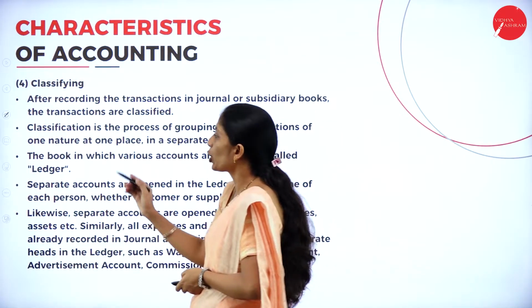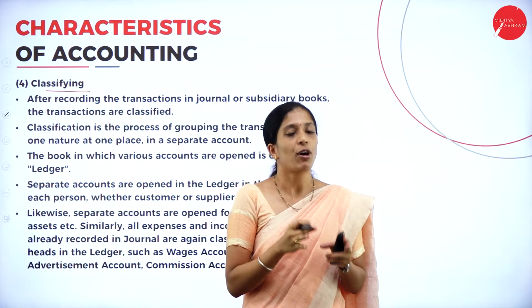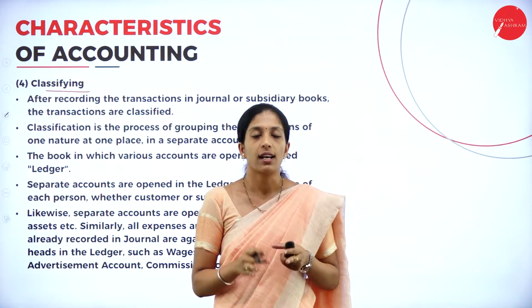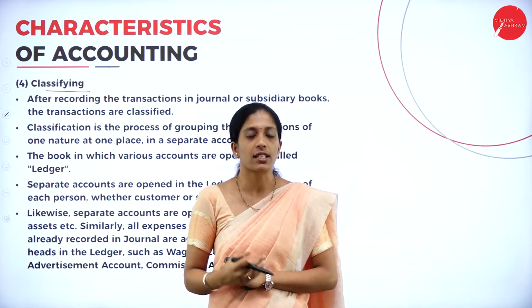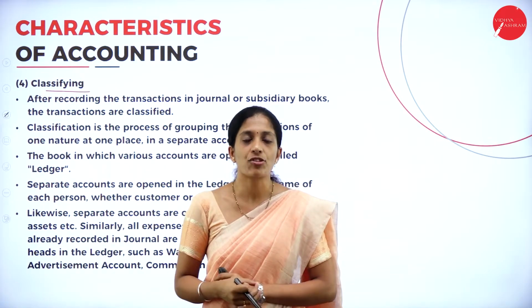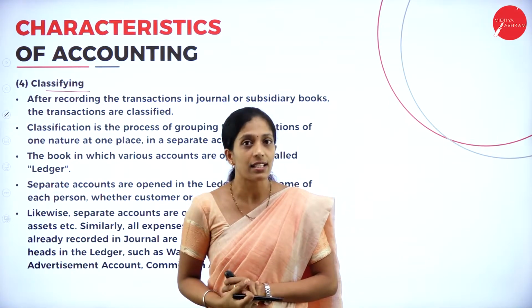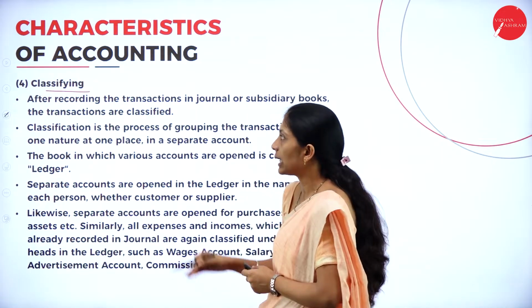Now coming to the fourth one, let us see what classifying is. We have learnt about recording, that is what type of transactions we have to record. After recording, we have to classify the transactions based on their nature and use.